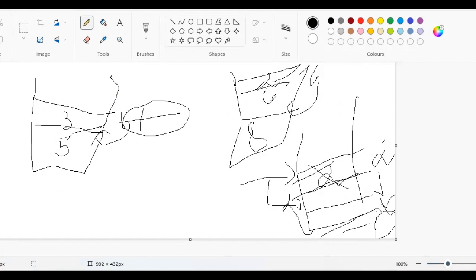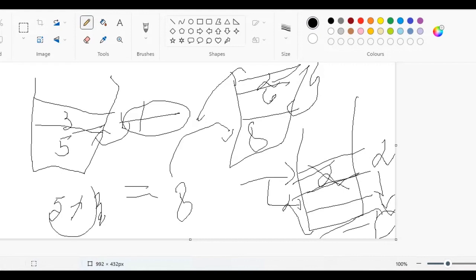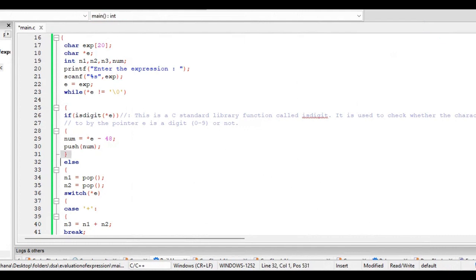See, what we must do is take these two elements out. That is, 5 and 3, we take them out, then we get 8 and push it into the stack. The same thing we are doing here. 5 is n1 and 3 is n2.